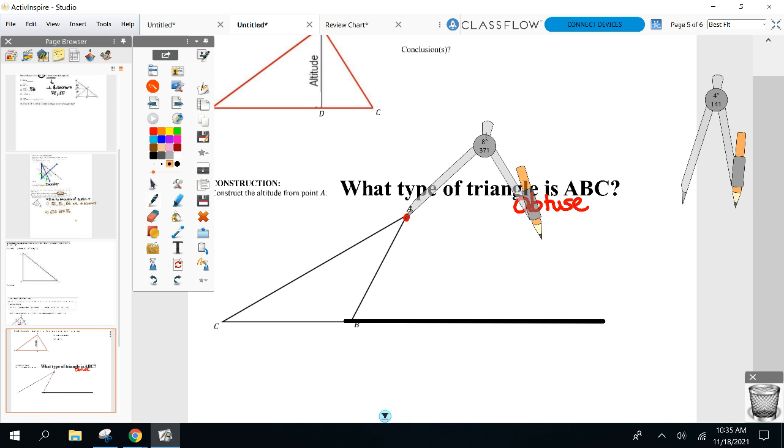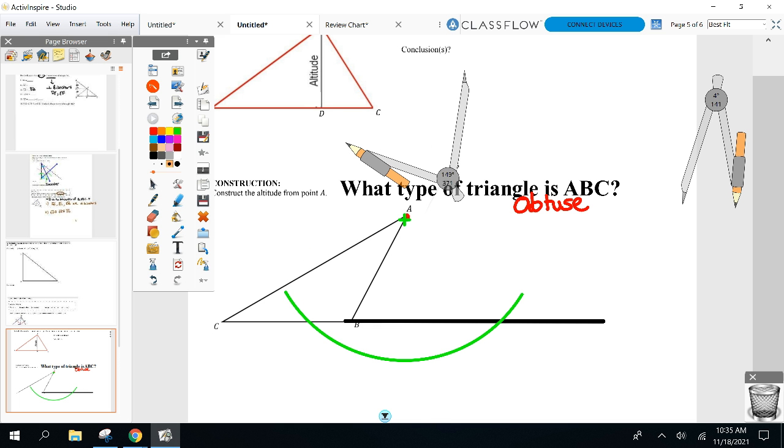Now you should be able to hit in 2 spots. Extend it out. Now hit in 2 spots.